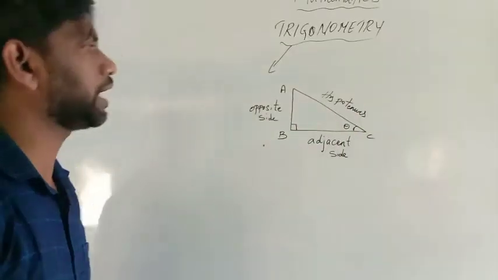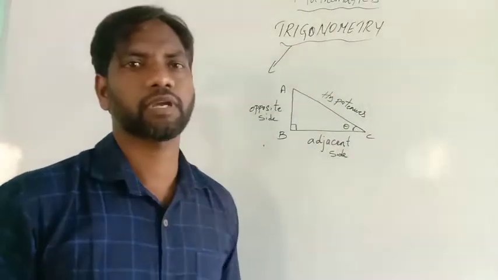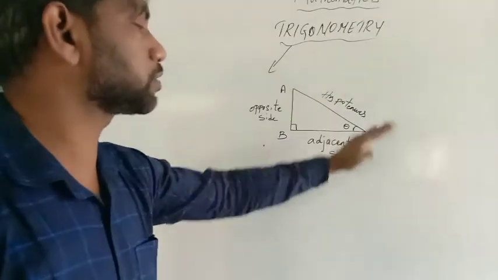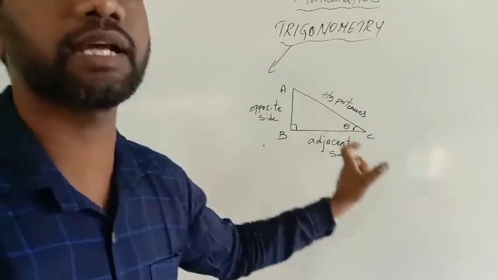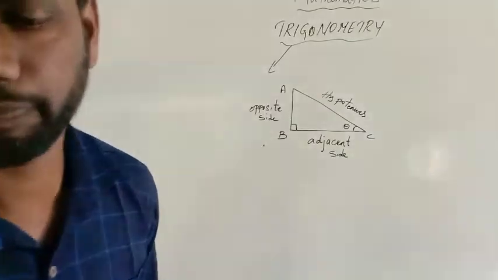Like this, we can identify the sides only if it is a right triangle.